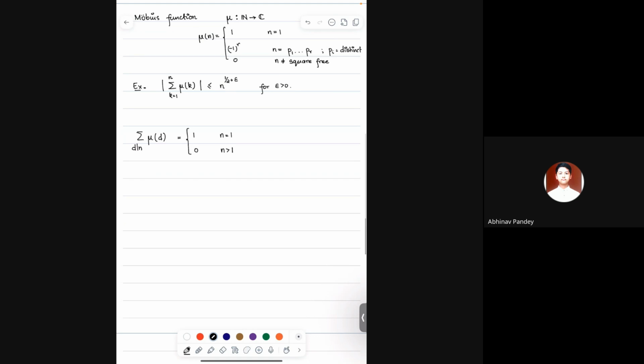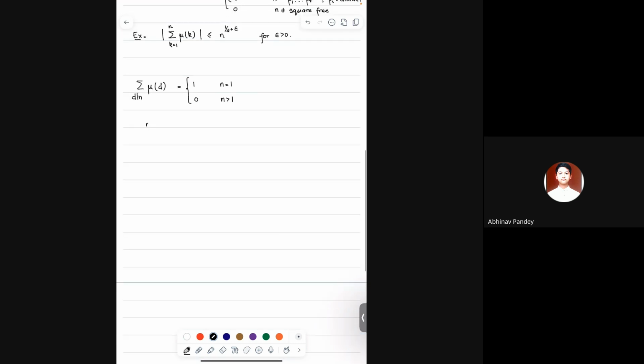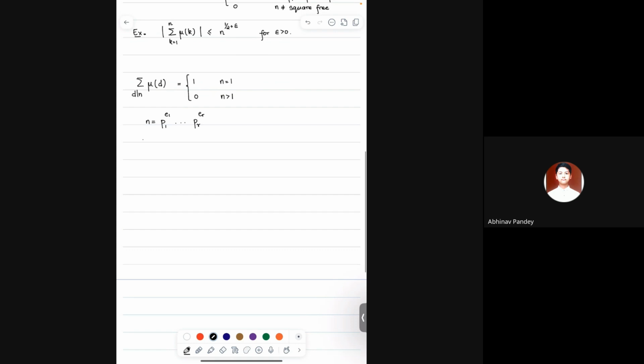So how would you prove a statement like this? Well, I'm going to take a generic shape of my integer n. So it's going to be p1 to the e1 up to pr to the er. Okay. And now let's think about what a divisor of n looks like.